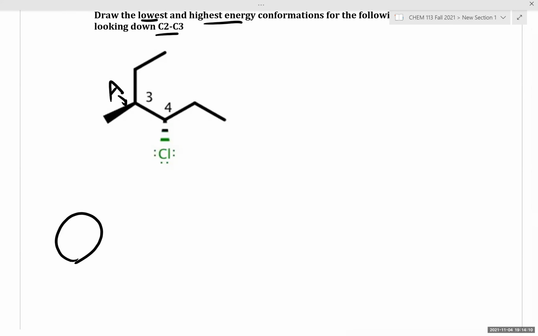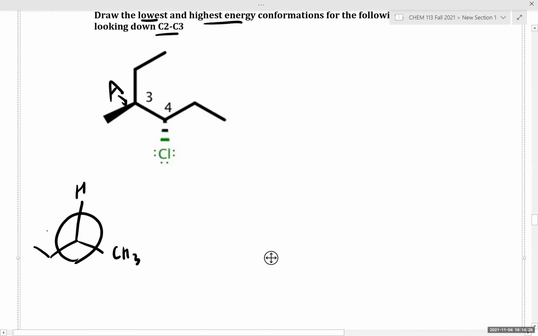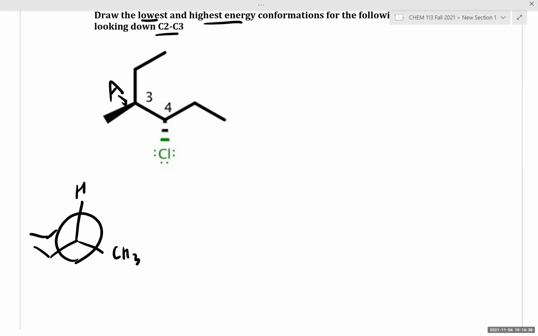We're going to start with just a rudimentary view where we have our ethyl group, we have our hydrogen, we have our methyl group, then we have a second ethyl group, our chlorine, and then our hydrogen. Okay, so now we have our rudimentary outline.